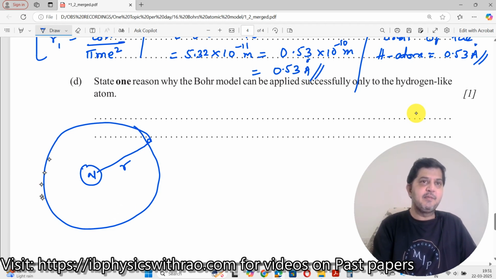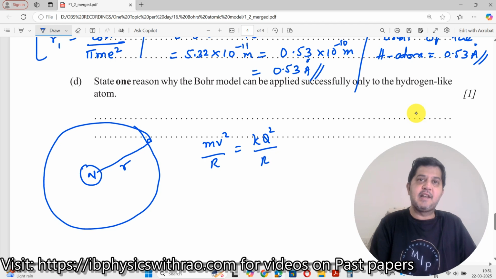Now, when something is rotating like this, we can write mv square divided by R is equal to kq square divided by R square. I can write this as a charge e and this as a charge minus e. Let me consider only the magnitude. So this becomes ke square divided by R square.